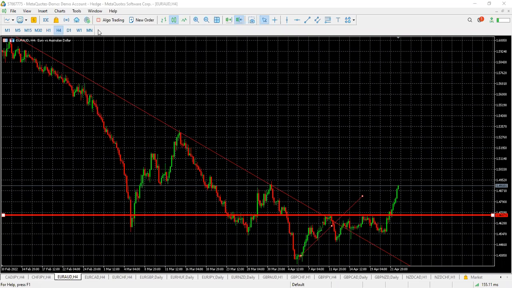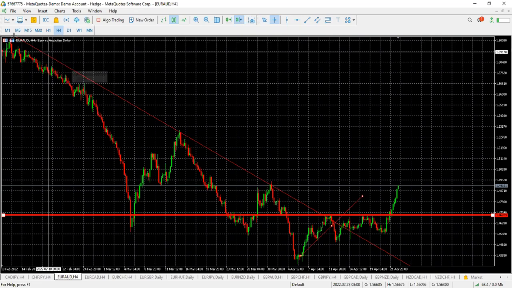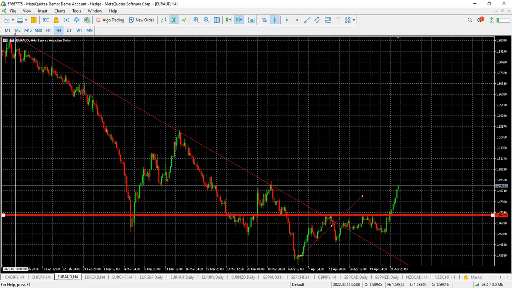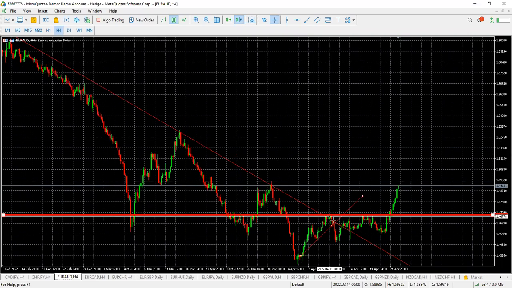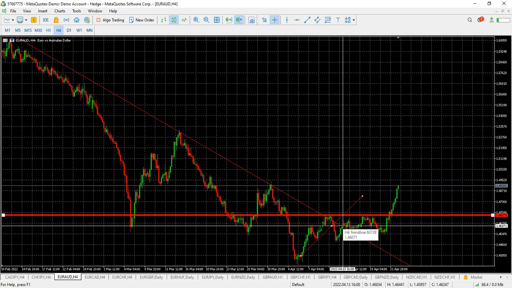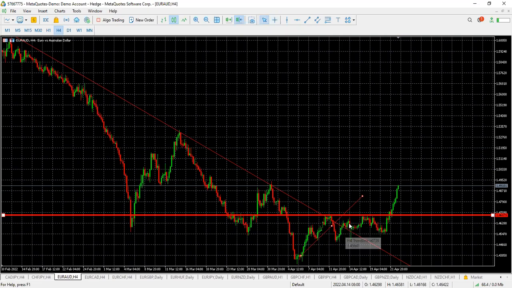If we cross-check the date, you see that it's been a long trend since February. This trend has been respected since February 14th, till April 13th. That was where this trend was broken.